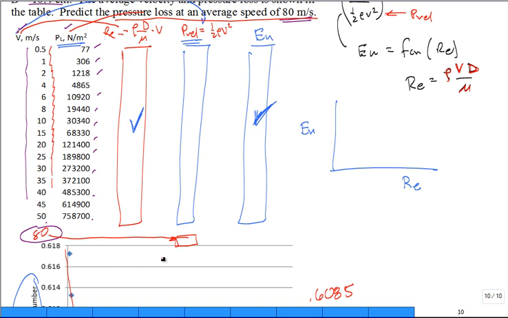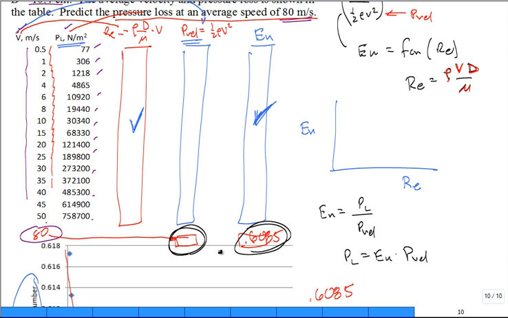True? And I'd say the Euler number was 0.6085, and I'd unravel the Euler number. So the Euler number is pressure loss over velocity pressure. So the pressure loss is the Euler number times that velocity pressure. That velocity pressure times that Euler number gives me a prediction of the pressure loss. Look good? I'm going to stop for a minute.